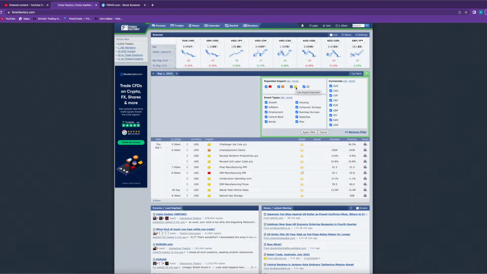So very likely there's not going to be a whole lot of movement going on in days where there's going to be a lot of yellow folders, as you can see, right? It might have a little spike at 8 o'clock, but this isn't one that really triggers the USD compared to when Fed chairs speak, or when interest rates rise, or CPI data comes out, or PMI, for example.